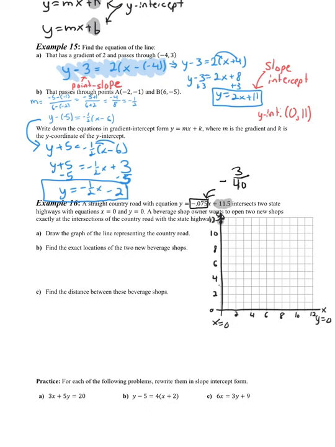Or another way I could write this is negative 0.3 over 4. So I could go down 3/10 and then over 4. 1, 2, 3, 4. And then down 3/10 and then over 4, 1, 2, 3, 4.